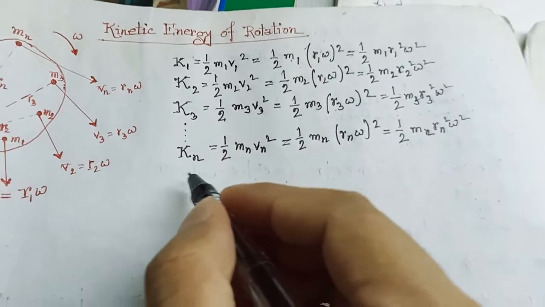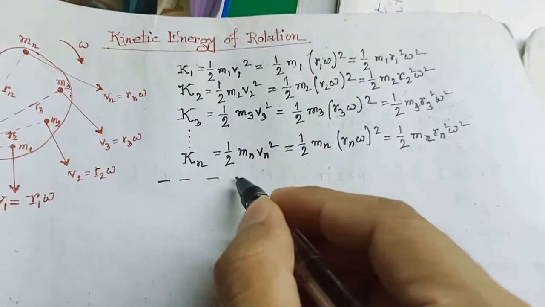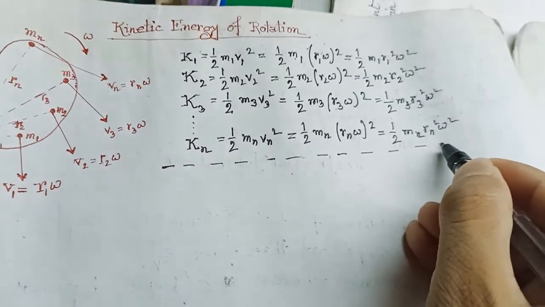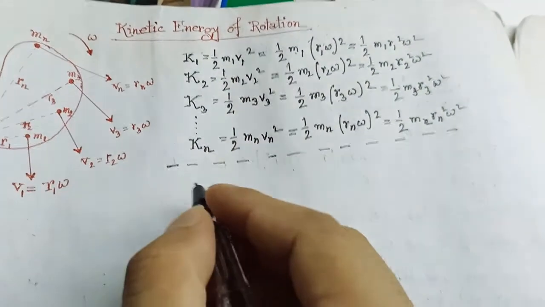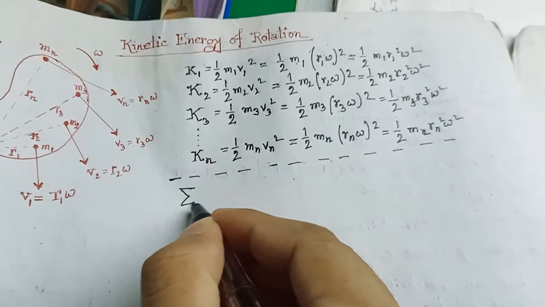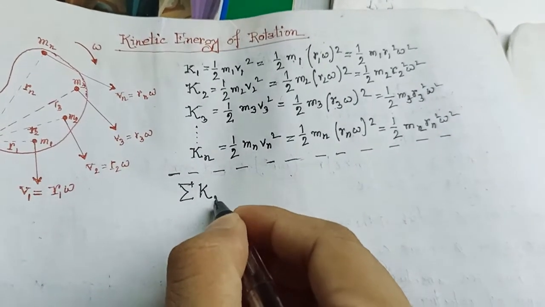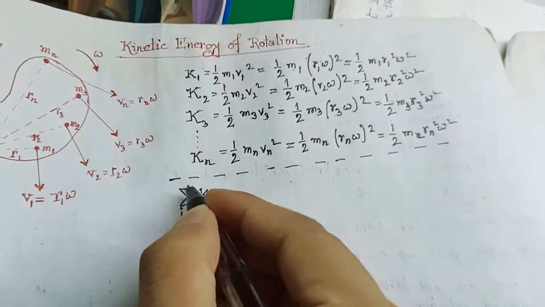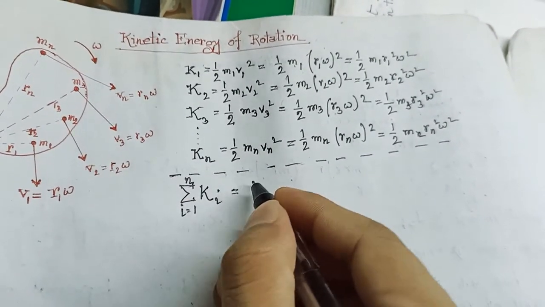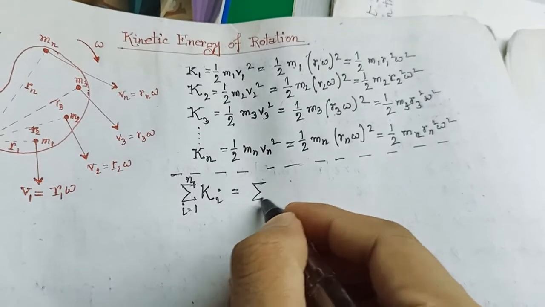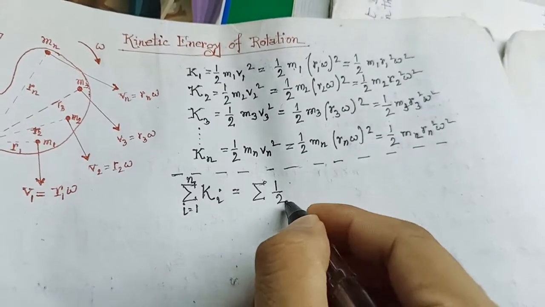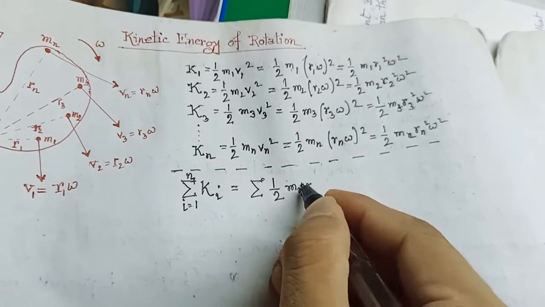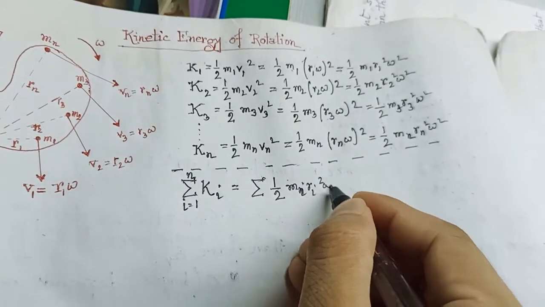So if we sum up all the kinetic energies of the individual small particles, the summation of ki, where i ranges from 1 to n, will be equal to the summation of half mi ri square omega square.